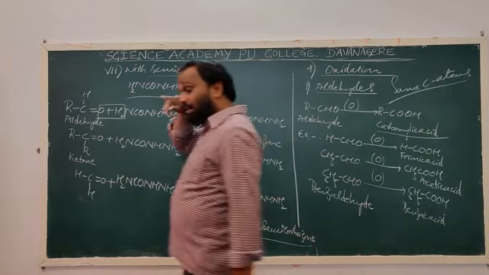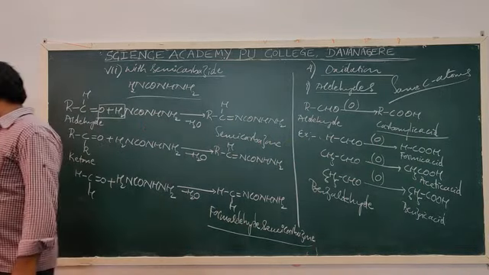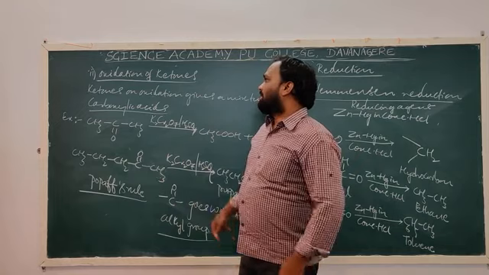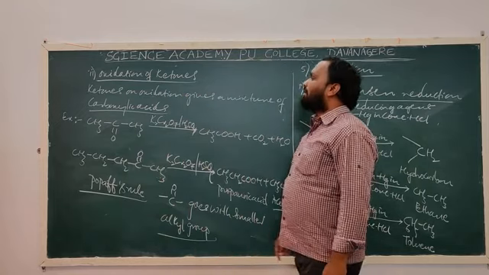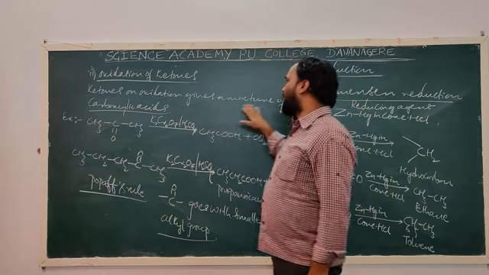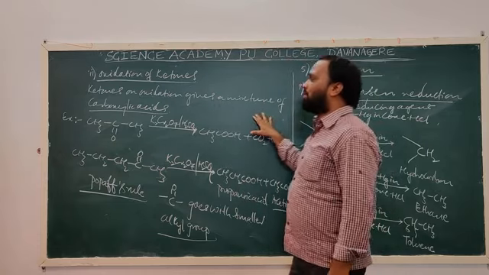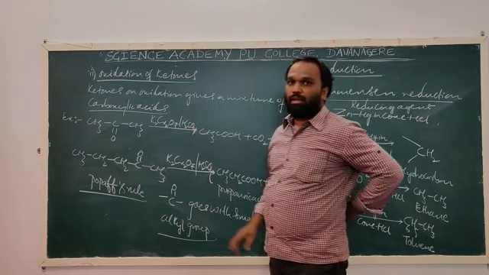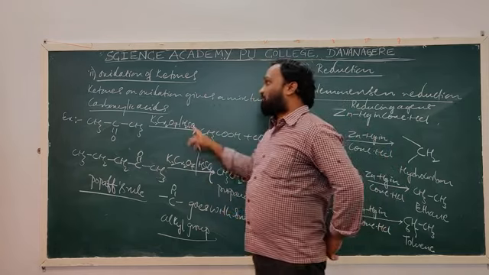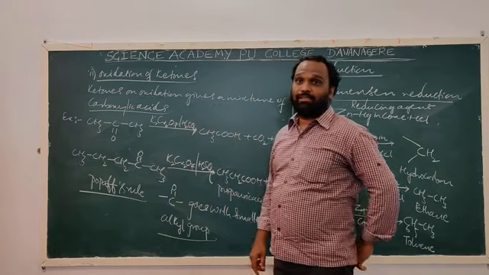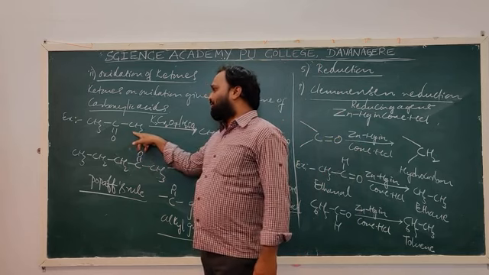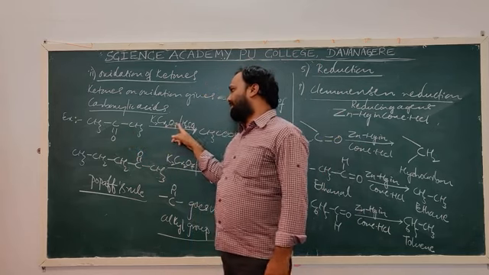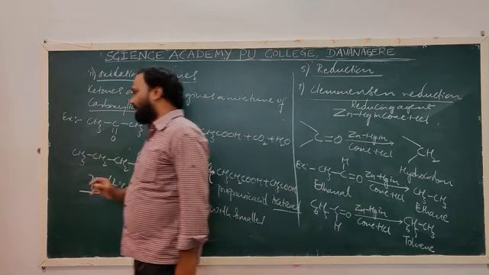Now let us take oxidation of ketones. Ketones on oxidation give a mixture of carboxylic acids. Why do we get a mixture of carboxylic acids? Let us take an example, acetone, on oxidation with acidified potassium dichromate.